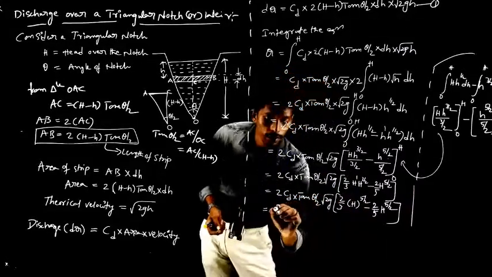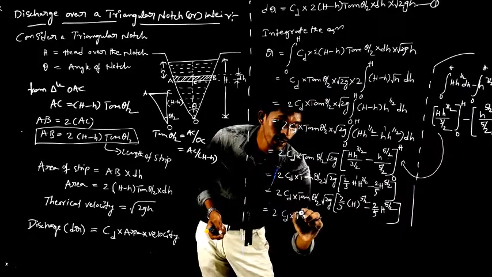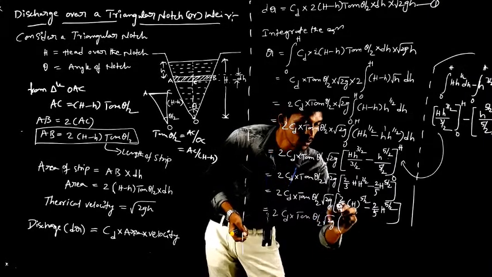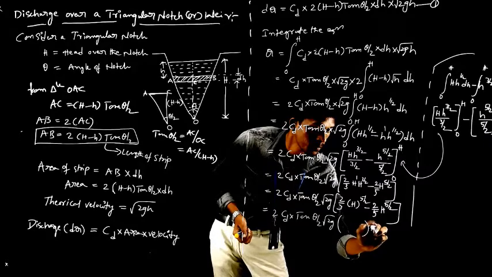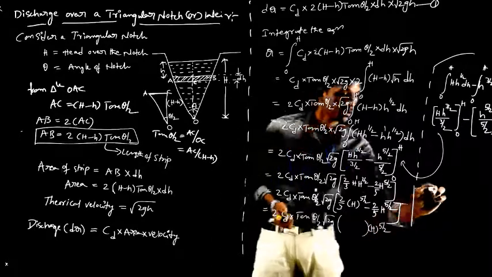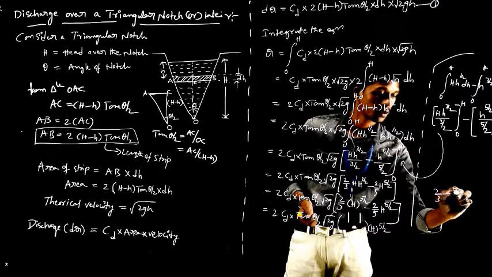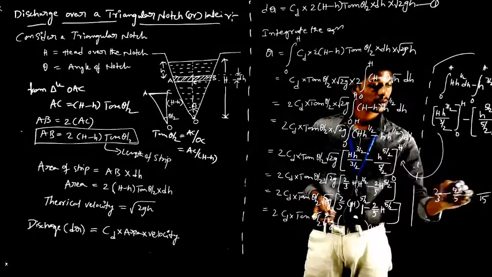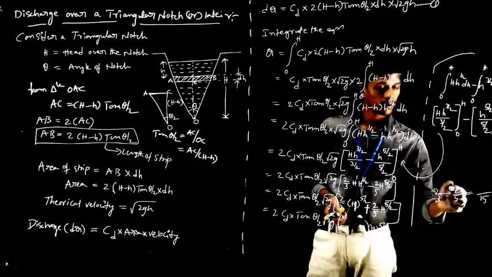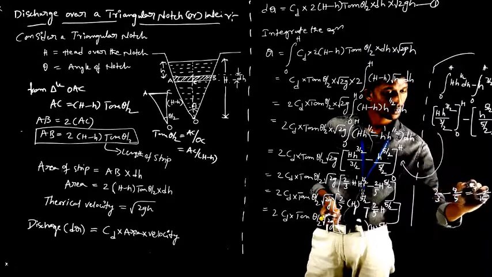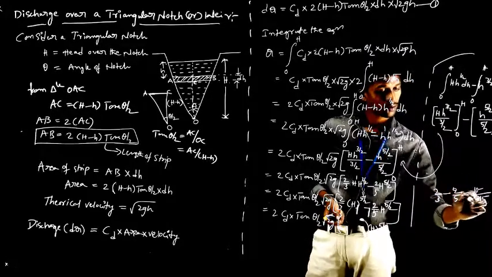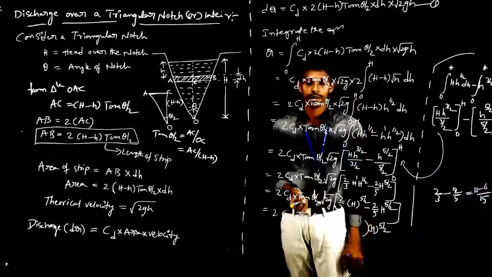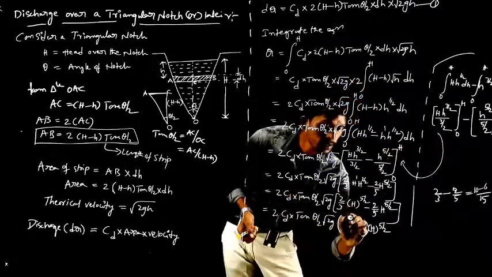So 3 times 10 minus, how much you will get? 3 into 5, 10 minus 6. You will get 4 by 15. Okay, you will get 4 by 15 as the answer.